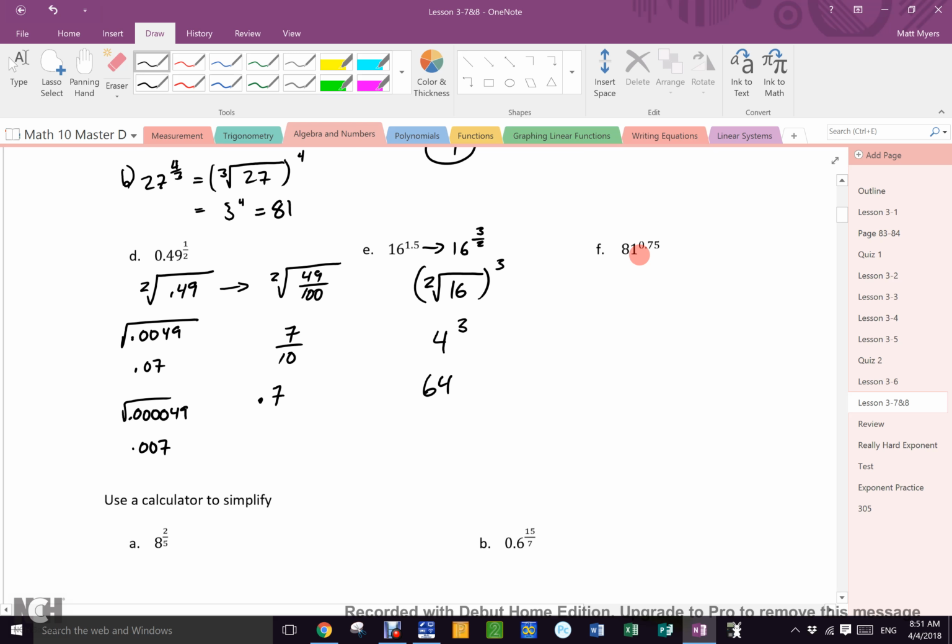You guys do the last one. If you can't figure out what 0.75 is as a fraction, so what is it? 81 to what power?